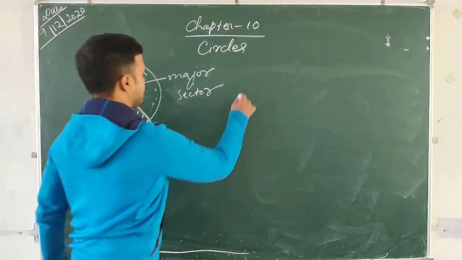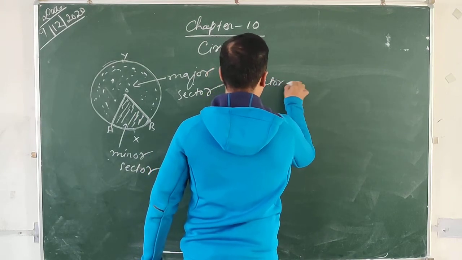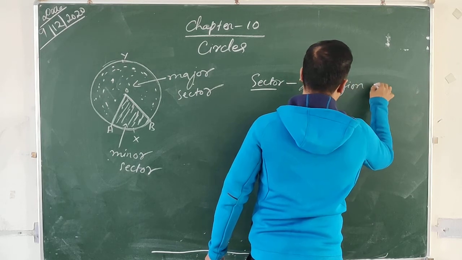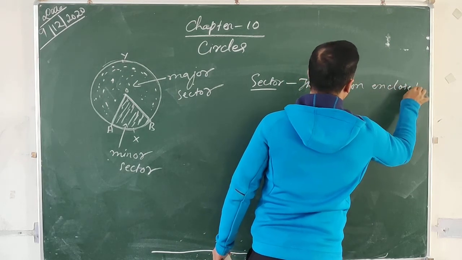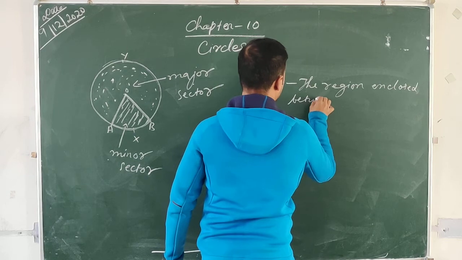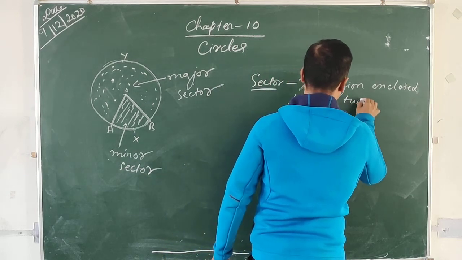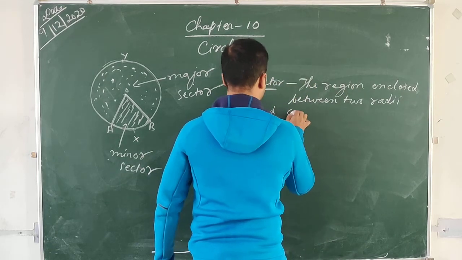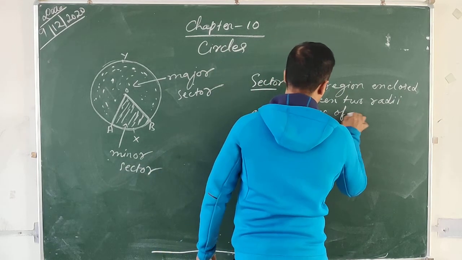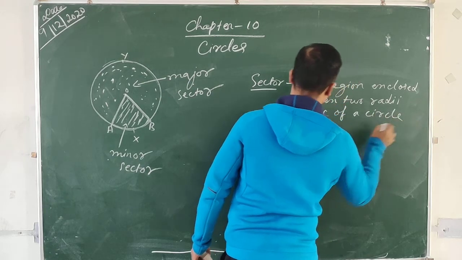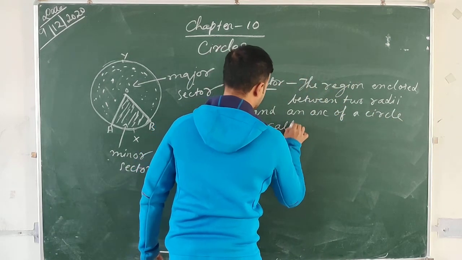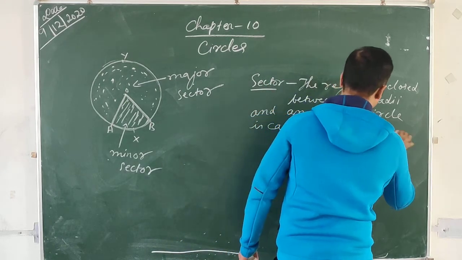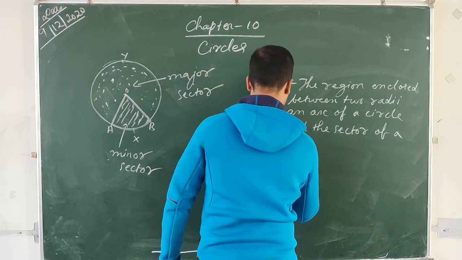So sector: the region enclosed between two radii and an arc of a circle is called the sector of a circle.